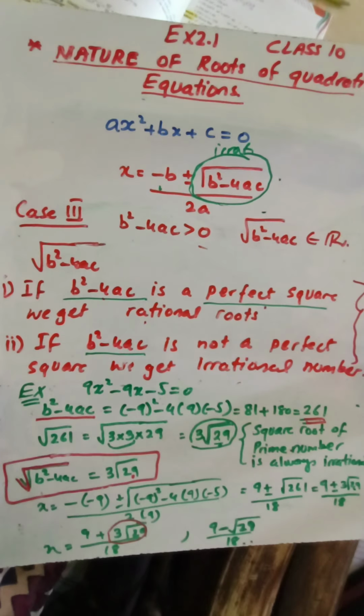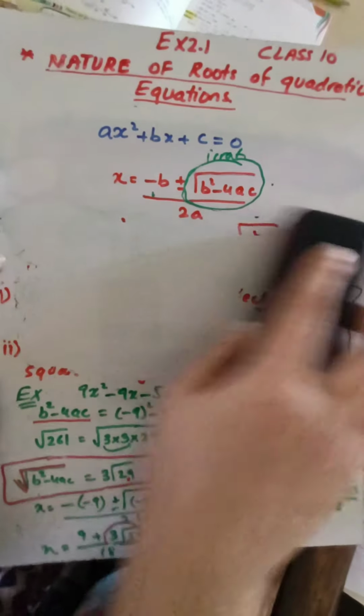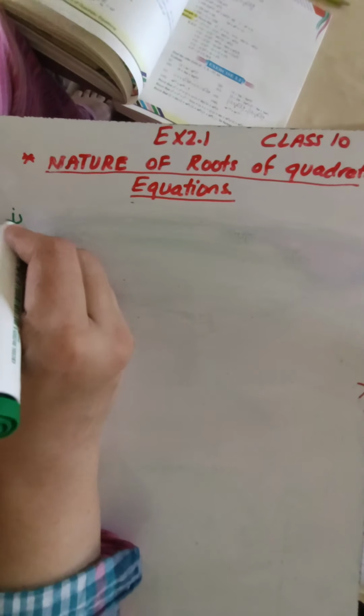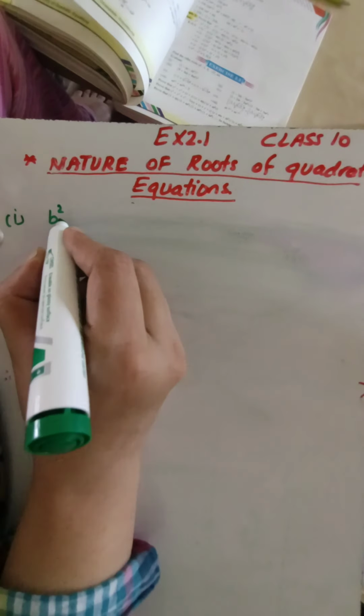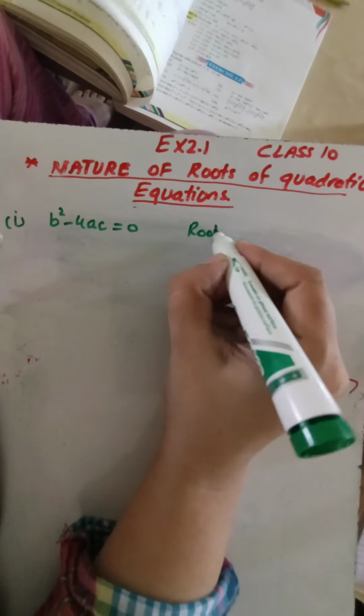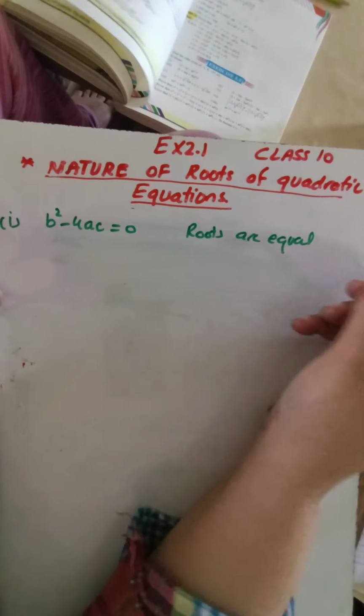Okay, so let me summarize all the things that we have learned in this lecture, so that you have a summary of all the things. I will write the summary of the whole lecture. First thing, if b square minus 4ac is equal to 0, then roots are always equal and real also.